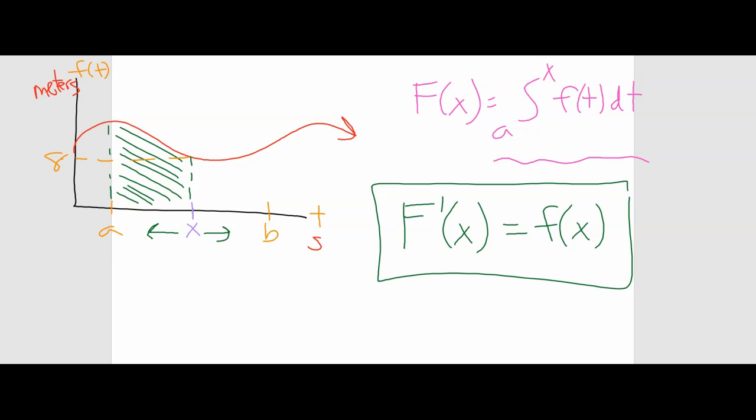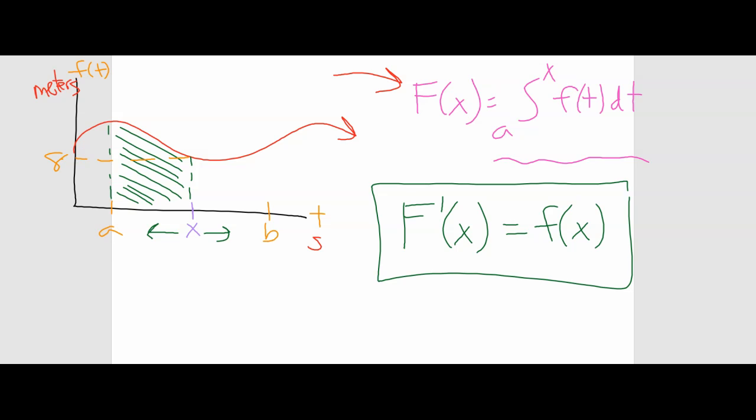And you have to think, if we were talking about a velocity function, that green area would represent the displacement of the particle. If I just set up an integral that represents the area under a velocity function, that's going to represent the displacement of the particle over that interval. So this capital F of x right here represents the area, which represents the displacement.